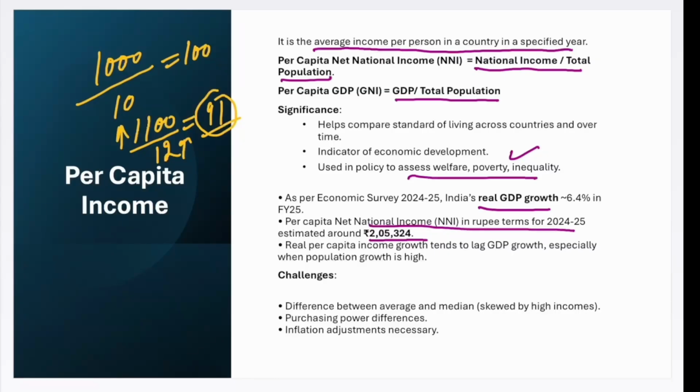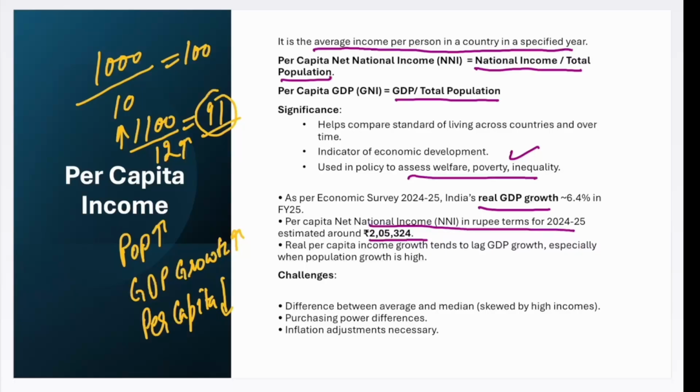So when population grows faster, our GDP growth is not able to match it, and we are led to a situation where our per capita income is falling. So that is what it says. Real per capita income growth tends to lag GDP growth, especially when population growth is high.